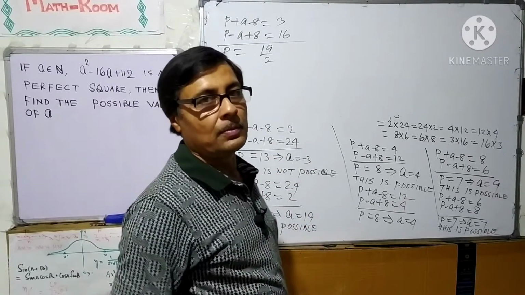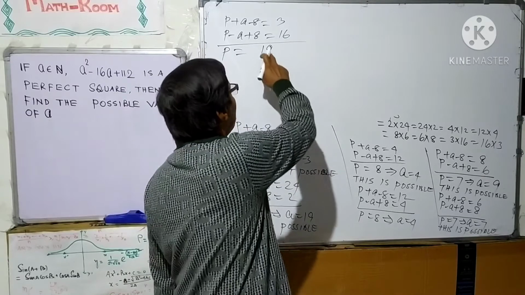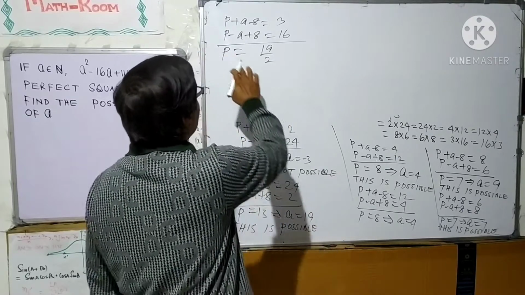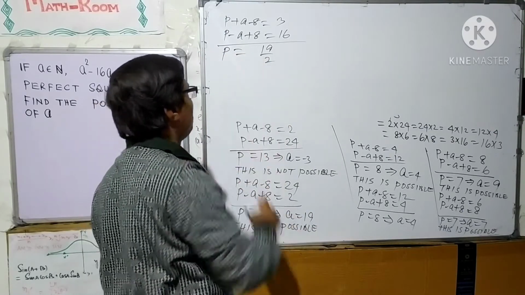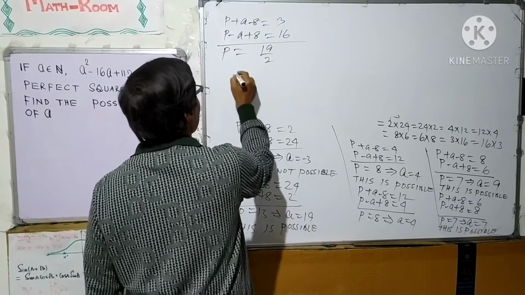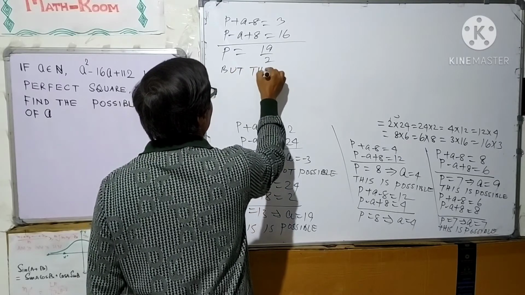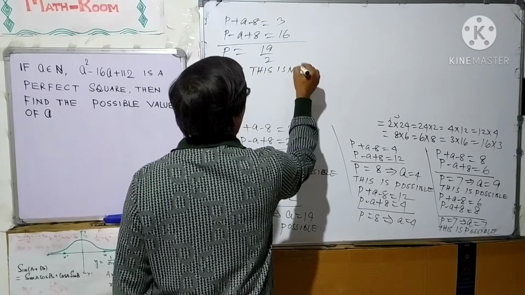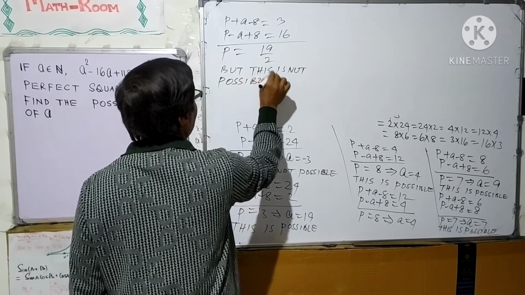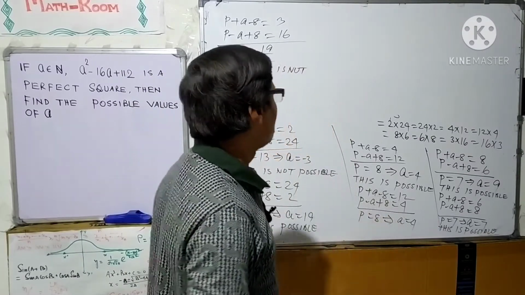Here p cannot be equal to 19 over 2, because 19 over 2 is not a natural number, it is a fraction. So this solution for p is discarded. This is not possible because p is a natural number.